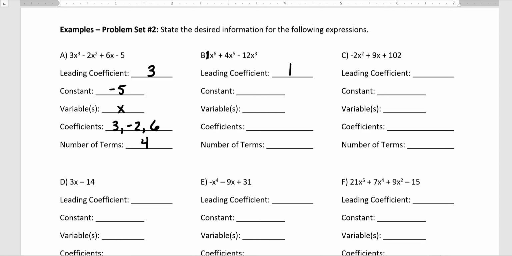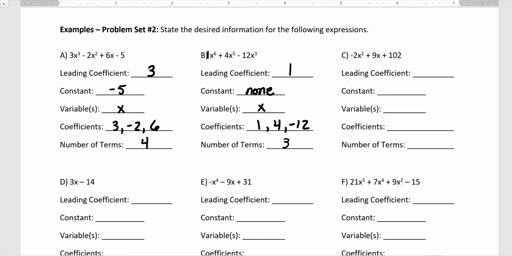All right, the constant, there's no constant here. Everything that we're adding or subtracting has a variable. So the constant there is none. The variable is x. The coefficients are 1, 4, and negative 12. How many terms does this have? Well, we have 3 things that are being added or subtracted together, so there are 3 terms here.